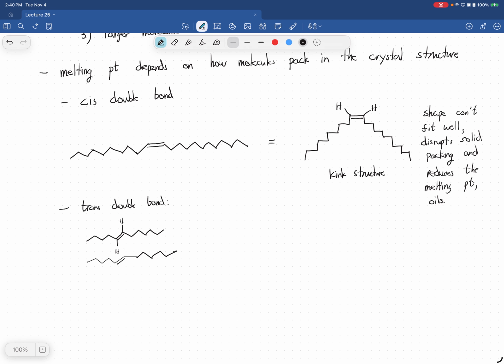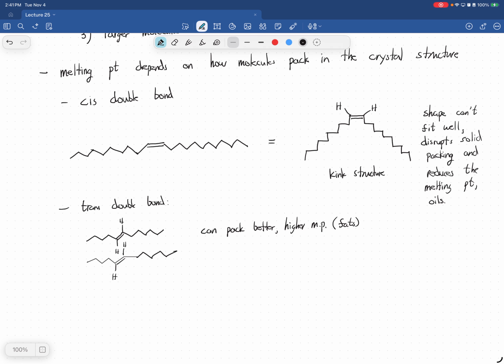All right, with the trans, see the hydrogens don't really collide here, and they can kind of fit better. They line up, so they're very linear, so they can line up together much easier, and they will form a solid, okay? So they can pack better in the solid state, and you get higher melting points. So these guys are usually fats, so that's why you don't want trans fats. Okay, so it's better to kind of form cis alkenes and form oils.